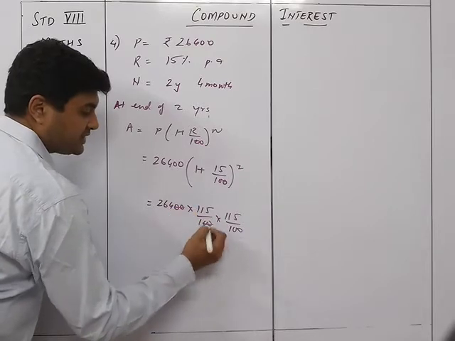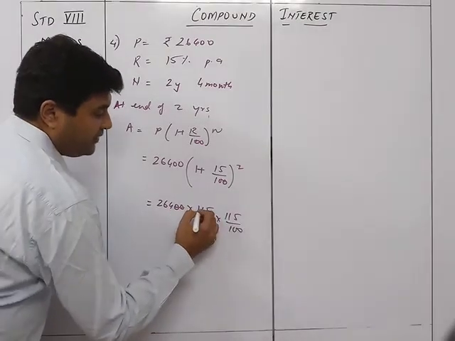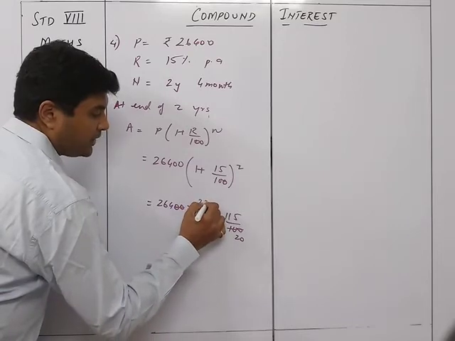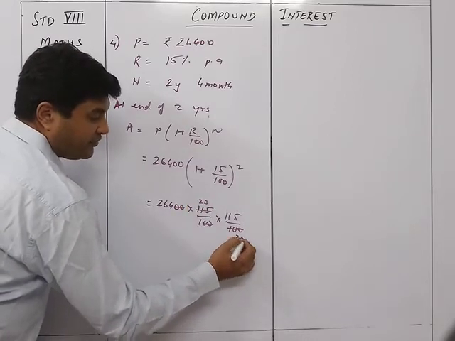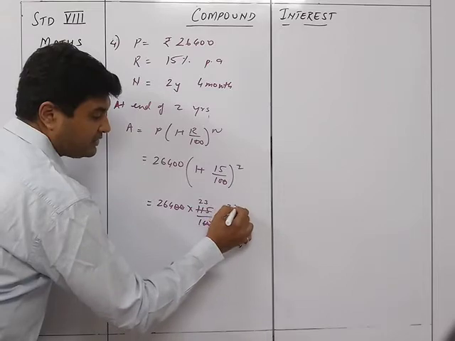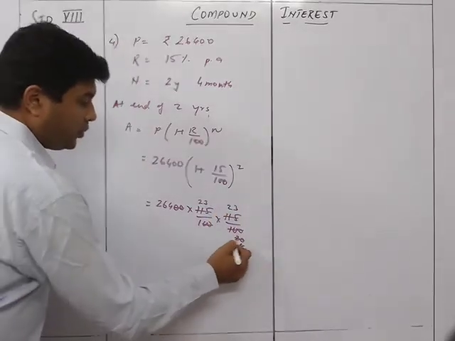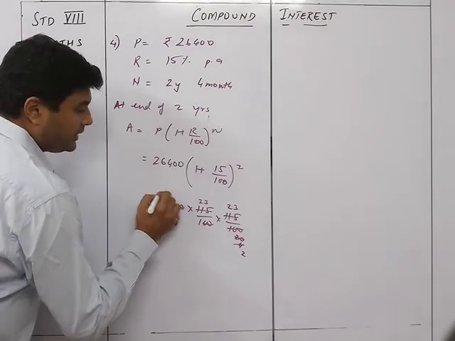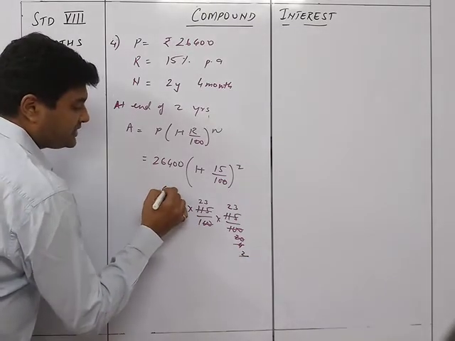So these zeros get cancelled. 5 20s are 100, and 5 23s are 115, and then 5 4s are 20, and 5 23s are 115. Right, 4 will be 2, and this is 132, and again here 2 will cancel, so it will be 61.